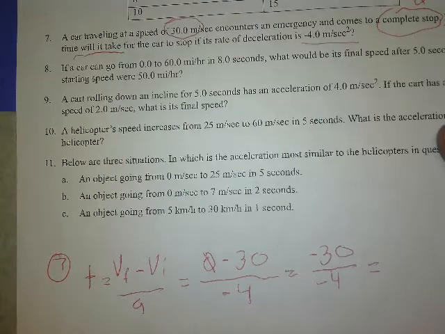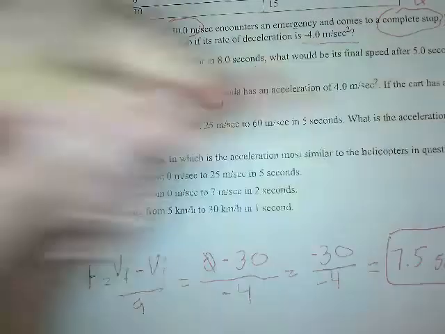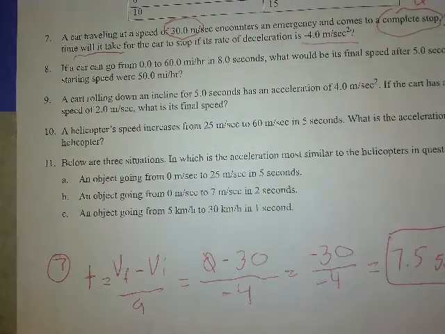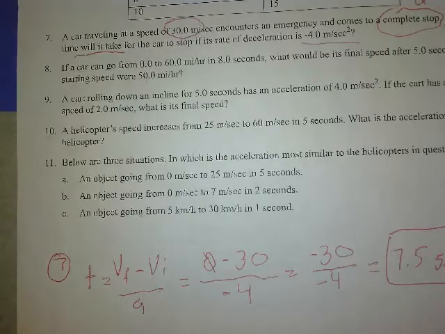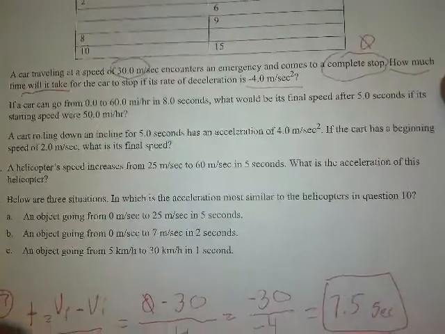So final is 0 minus our initial, which was 30. And we're going to just divide that by our acceleration, which was -4.